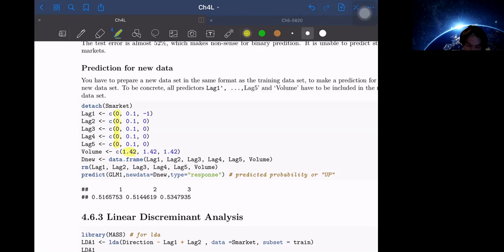So if the stock market does not change for the last 5 days, what's the predicted probability to go up in the next day? That is actually 51.65%. This can be done with this code.